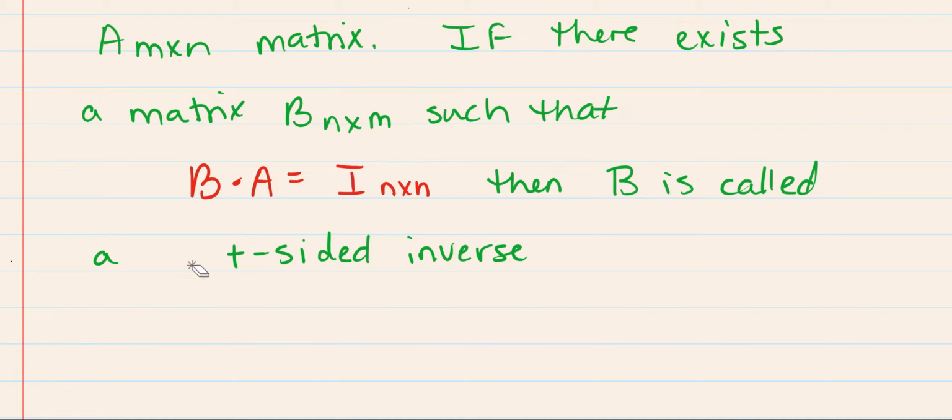Then B is called a left-sided inverse because B is on the left. So again, it is possible to have left-sided and right-sided inverses for a non-square matrix, but it can't be invertible. That only applies to square matrices. Okay, let's move on.